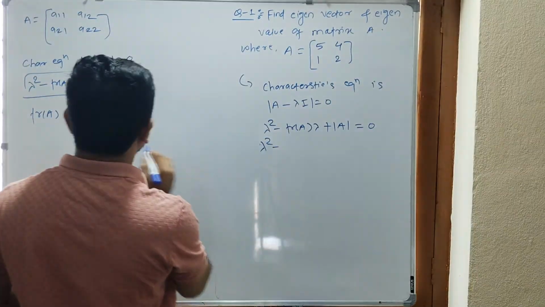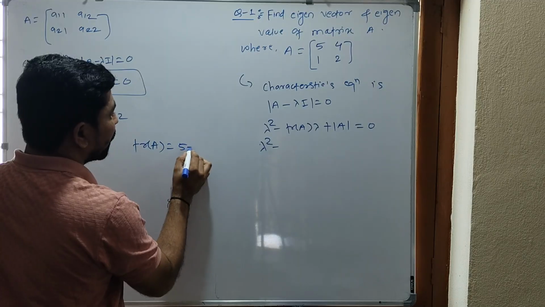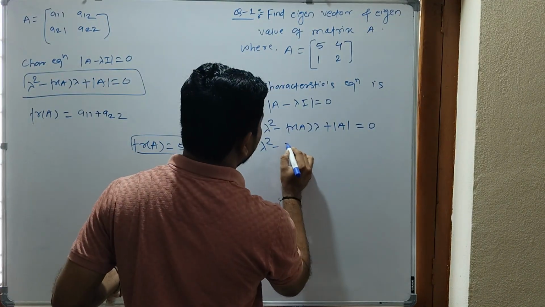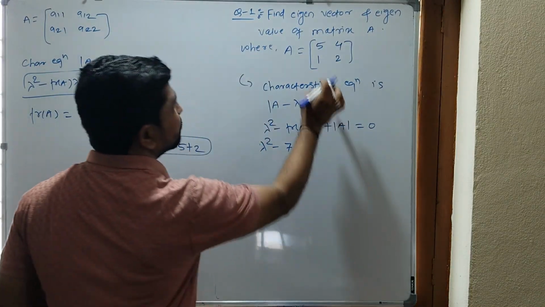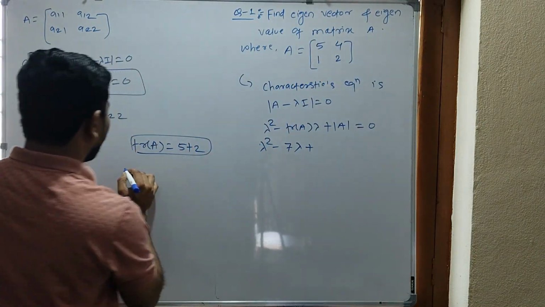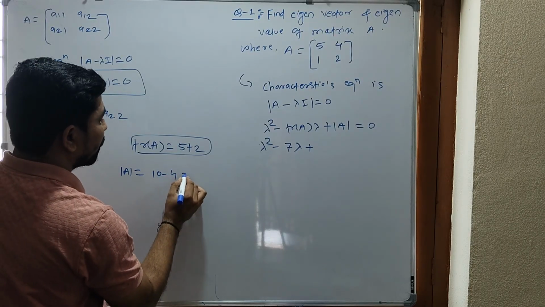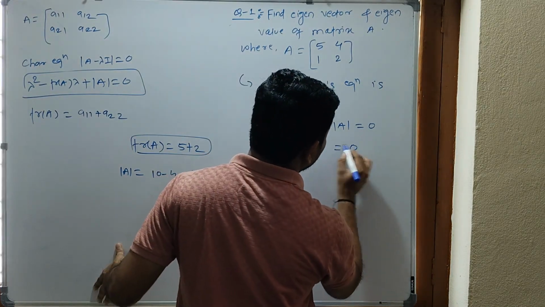So directly write 5 plus 2 is 7 times lambda, plus the determinant of this matrix, which I calculate as 10 minus 4, which is equal to 6. So this is 6, which is equal to 0.